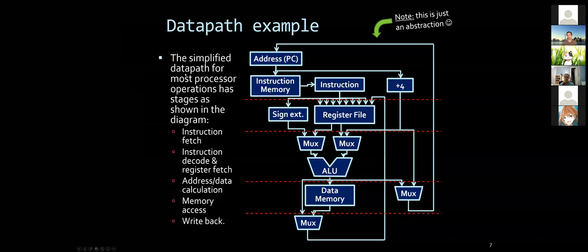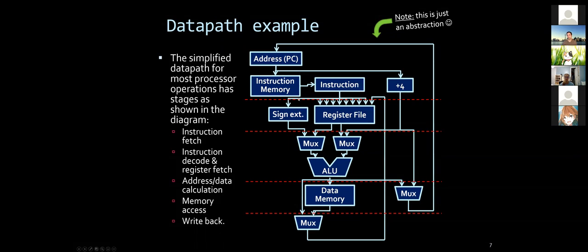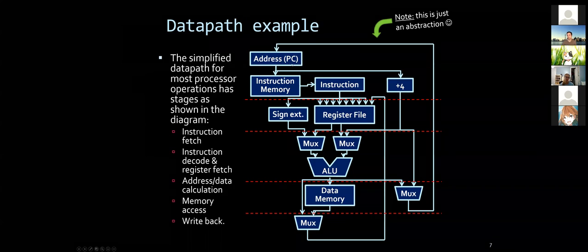Essentially, the processor doesn't do everything in one instant, in one cycle. It does it in stages. For example, the typical processor has something called the program counter, or PC. This is a pointer to which instruction I want to execute next.